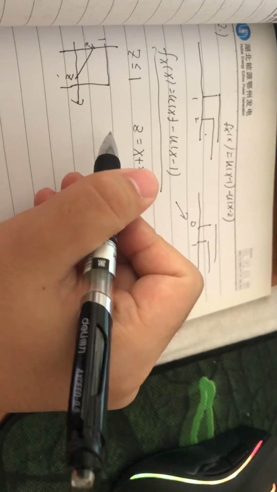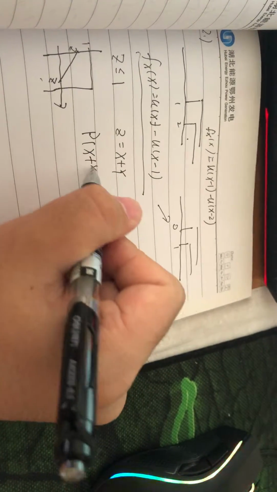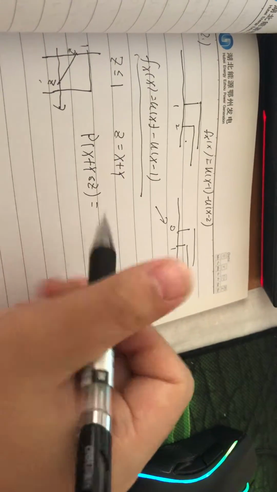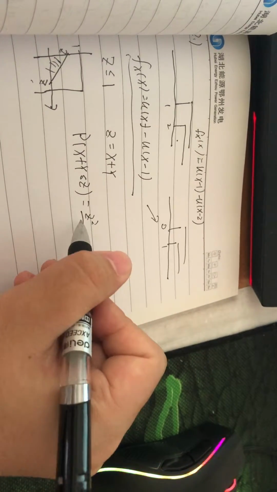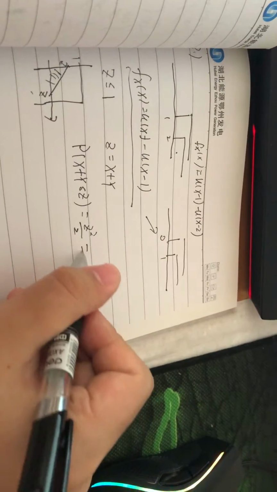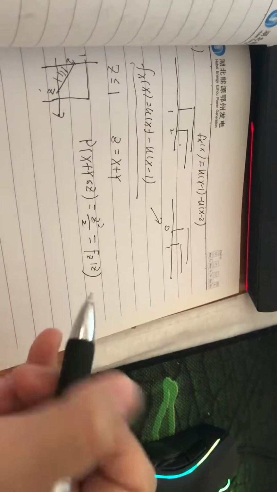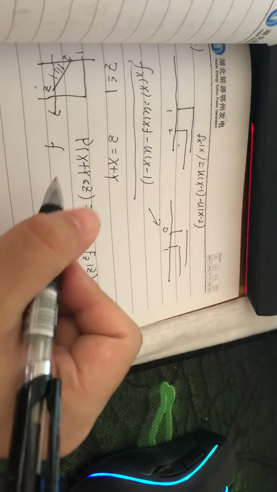The probability that x plus y is less than z equals the area, z squared divided by 2, and that equals the capital FZ.